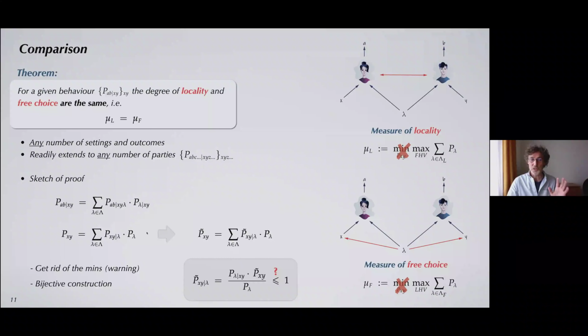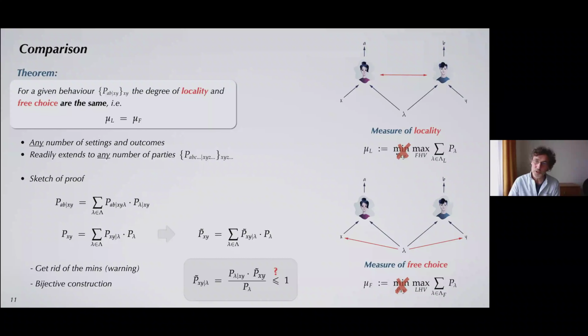So it's not so easy, starting from a hidden variable model for behavior and distribution of settings, to switch to a different distribution of settings. In order to do this, you have to construct a new model with the same property, which conserves a given degree of locality or freedom of choice in this harder case.